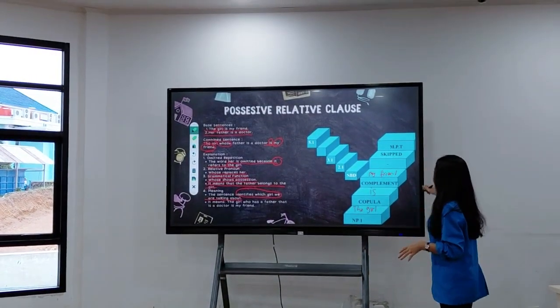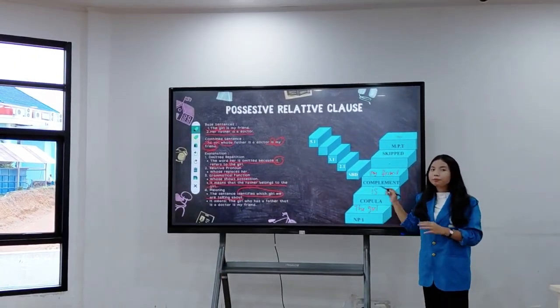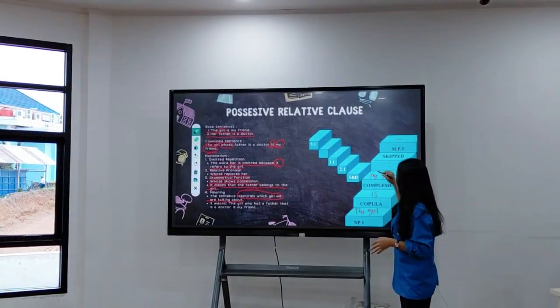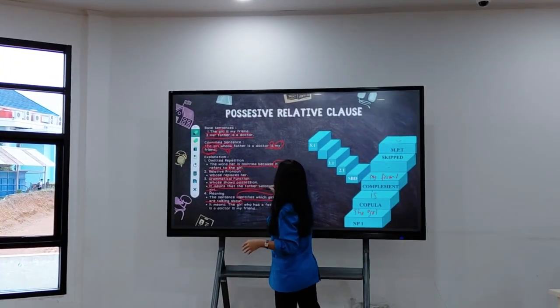So for the first stage we just skip, and for the subordinate clause, we start from whose.